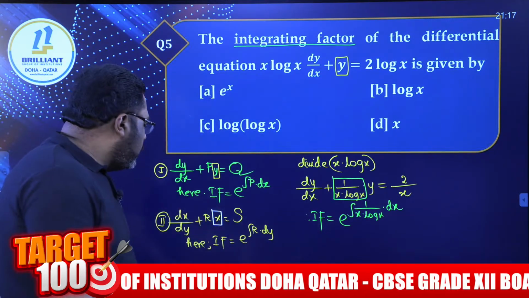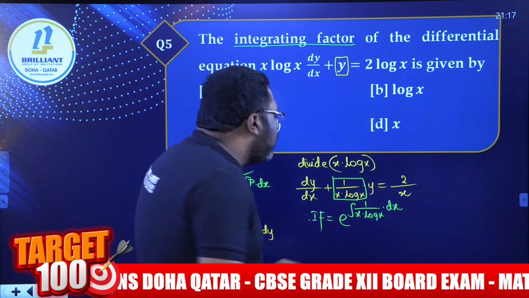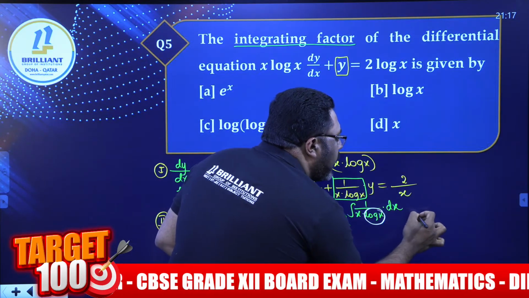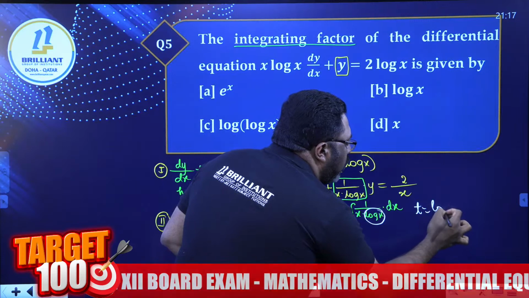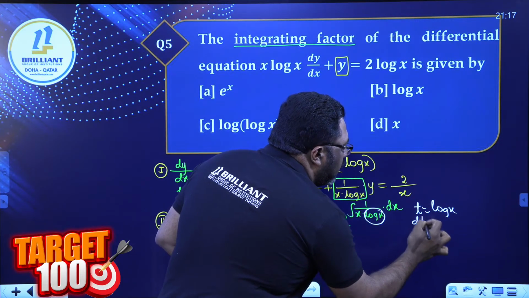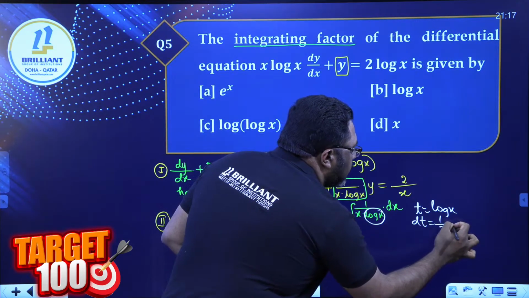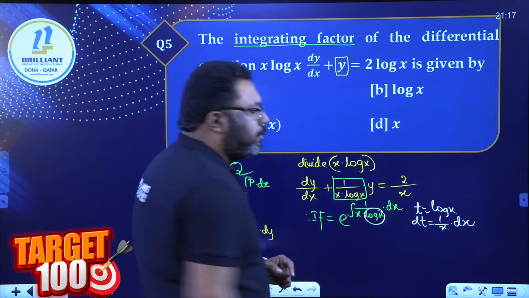Substitution method, no doubt. You can substitute log x as t. And what's the derivative of t? You get 1 by x dx.